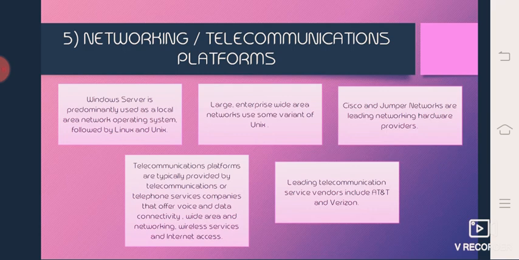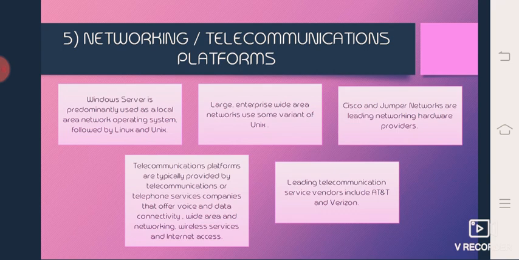Five, networking or telecommunications platforms. Windows Server is predominantly used as a local area network operating system, followed by Linux and Unix. Large enterprise-wide area networks use some variant of Unix. Cisco and Juniper Networks are leading networking hardware providers.